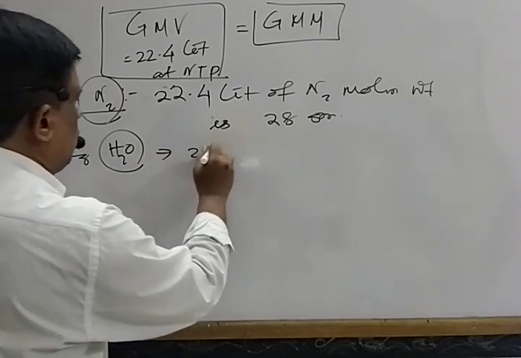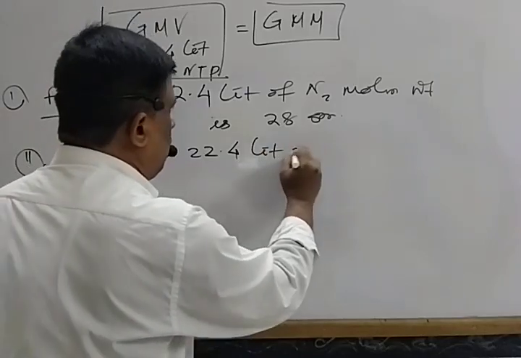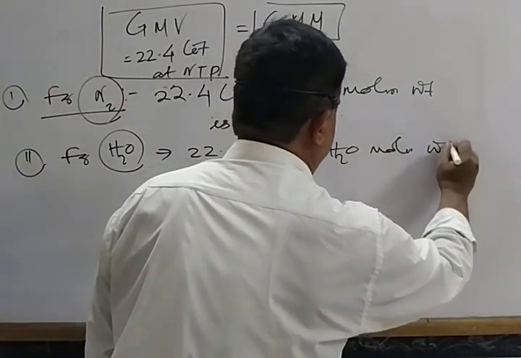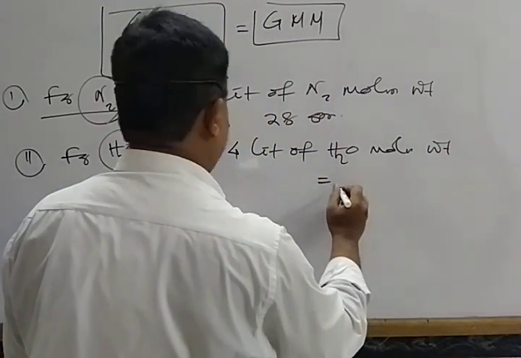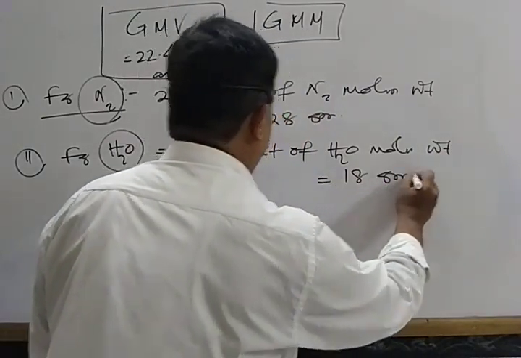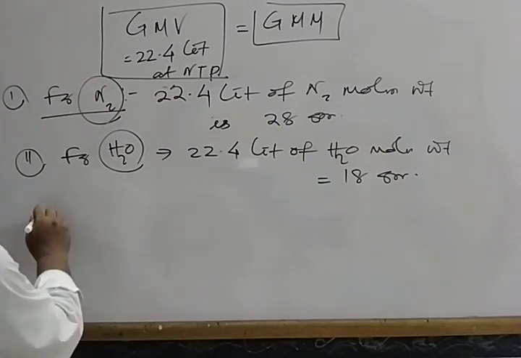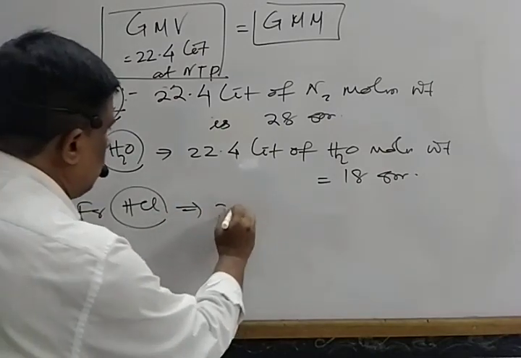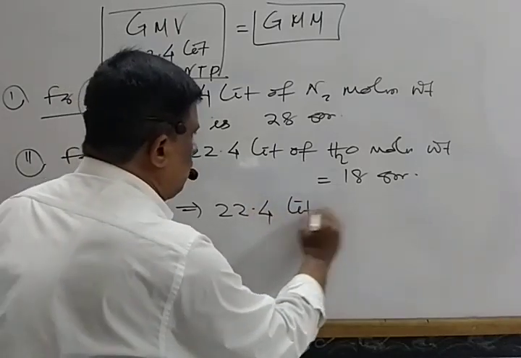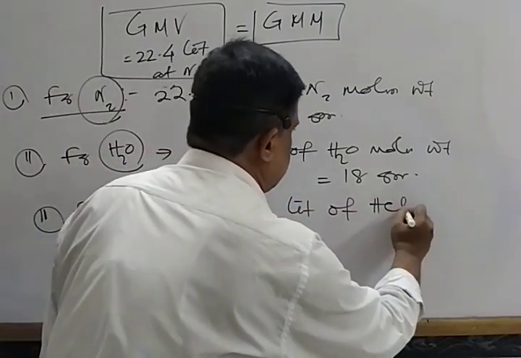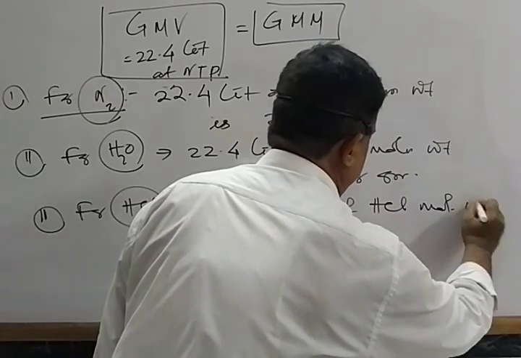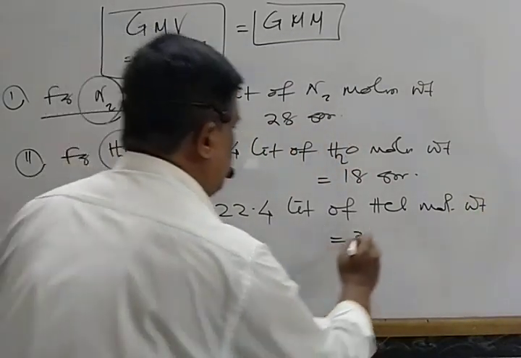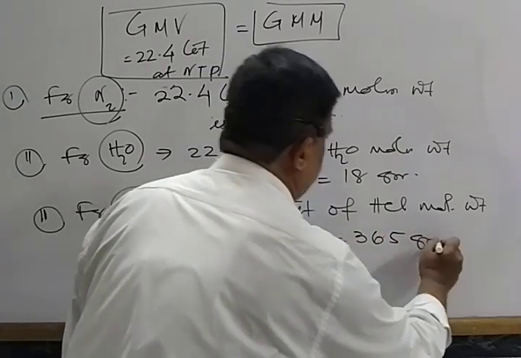That means 22.4 liter of H2O molecular weight is equal to 18 gram. Select another one for HCl. That is 22.4 liter of HCl molecular weight is equal to 35.5 plus 1, 36.5 gram.